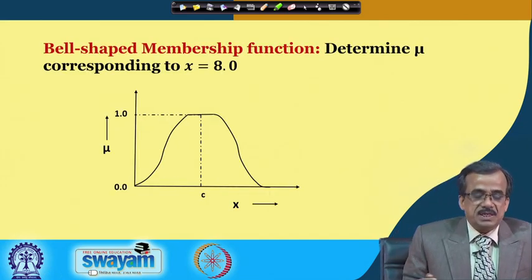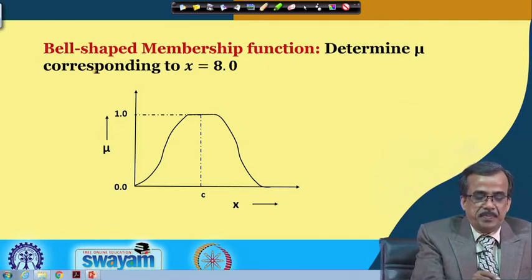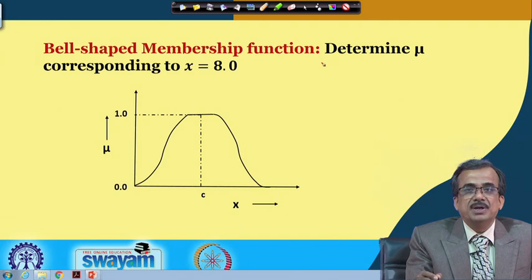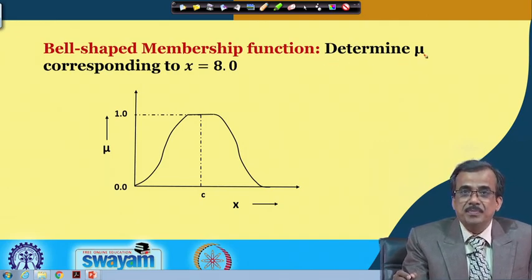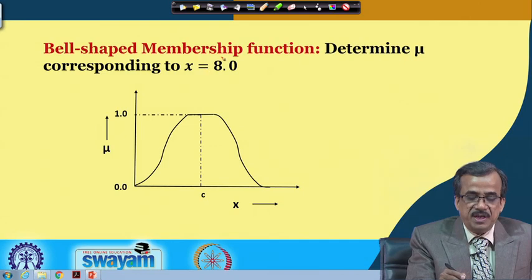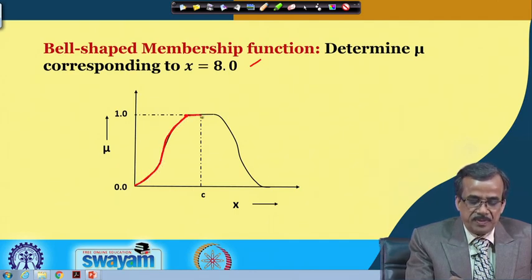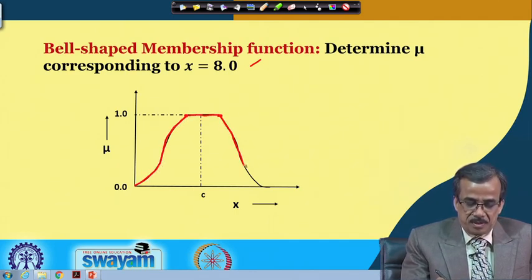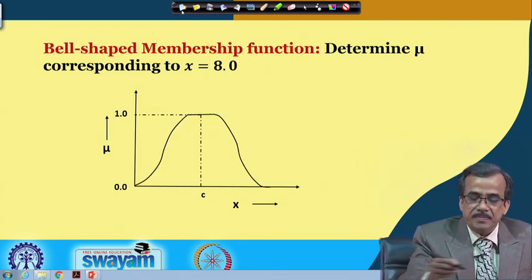Now, we are going to concentrate on another membership function distribution, called the bell-shaped membership function distribution, and our aim is to determine the value for mu corresponding to x equals to 8.0. Let us see how to do it. This is the bell-shaped membership function distribution, and mu varies from 0 to 1.